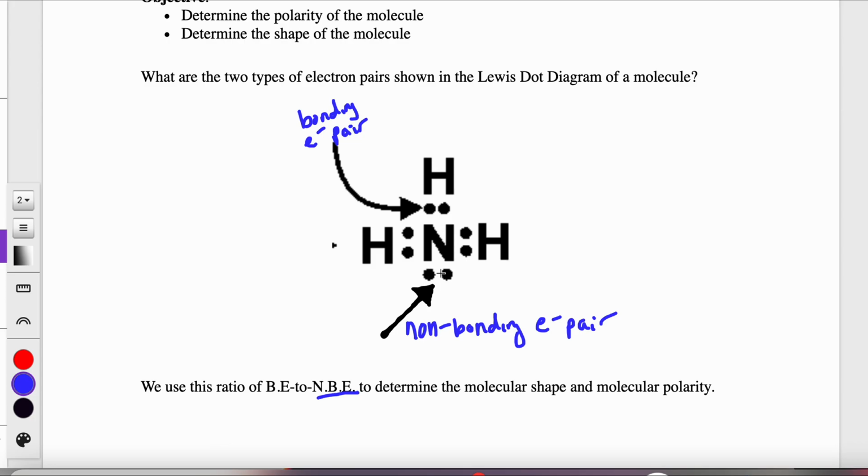Whereas a non-bonding electron pair is only kept in check by a single nucleus, and so it's allowed to balloon out. So we have to take into consideration electron to electron repulsion. When you bring two electrons near each other, they don't attract, they push apart from each other.